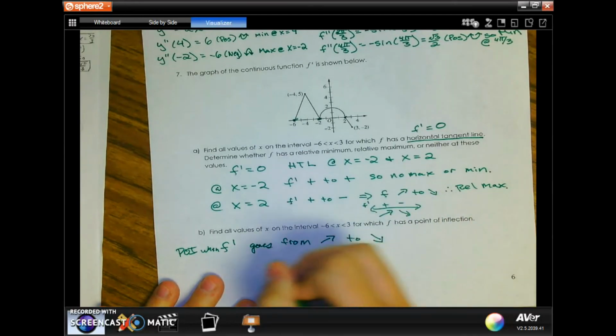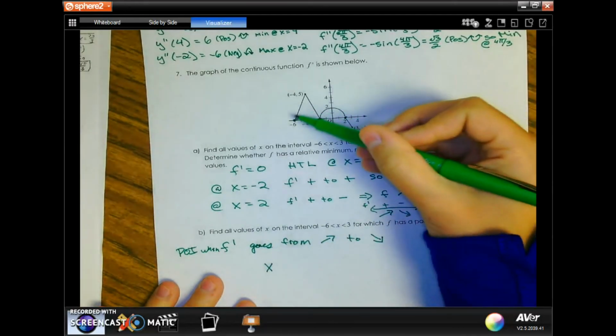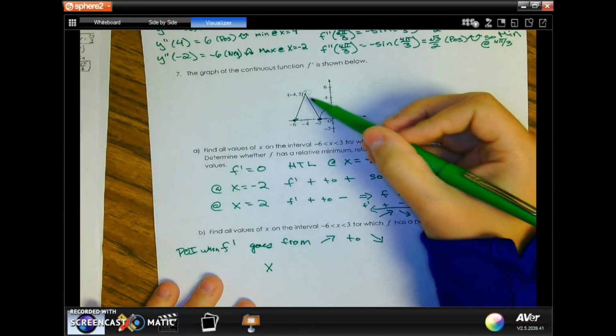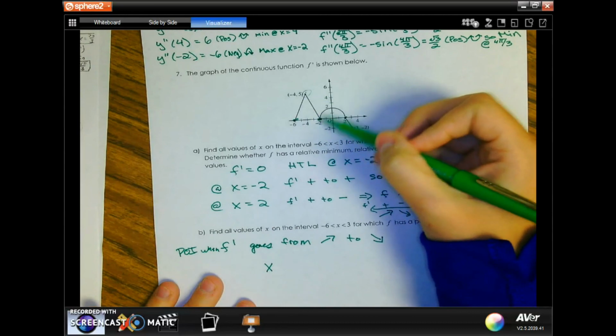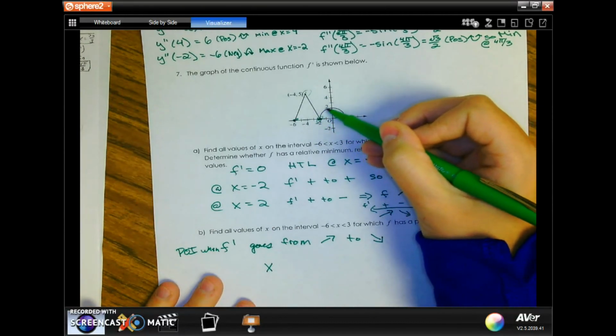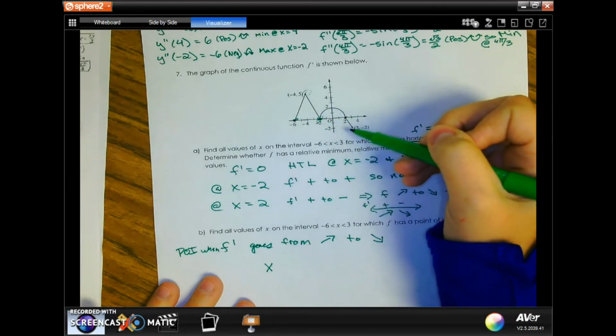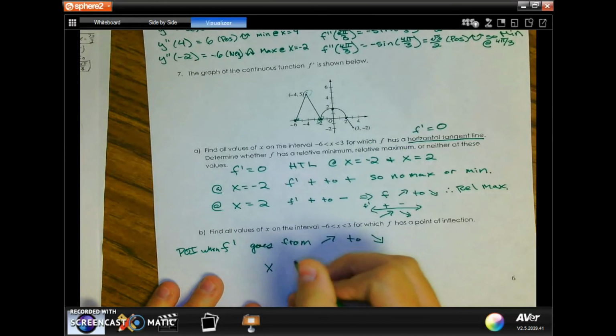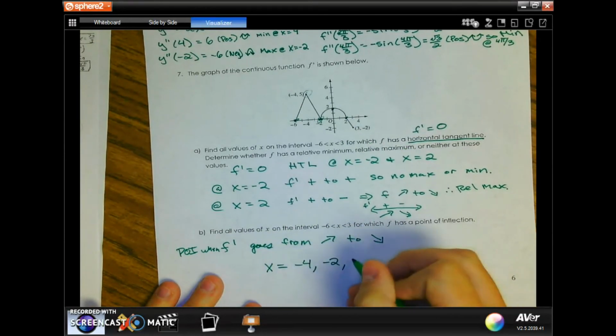So where does that occur? Looks like right here it goes from increasing to decreasing, and here it goes from decreasing to increasing, so right there. And we have it increasing, decreasing at 0 as well, and then it's decreasing, decreasing there. So we are going to say that happens at -4, at -2, and at 0.